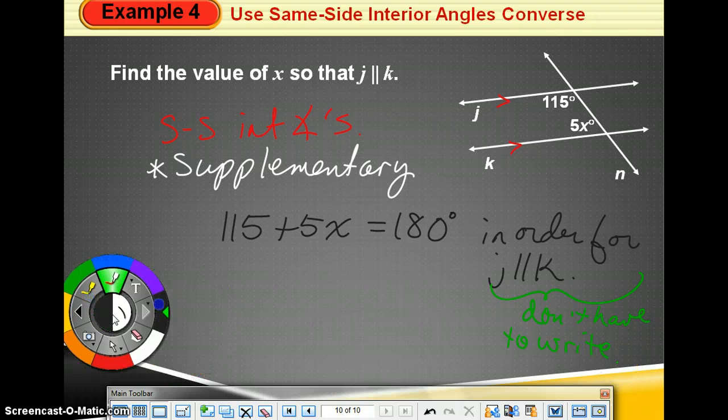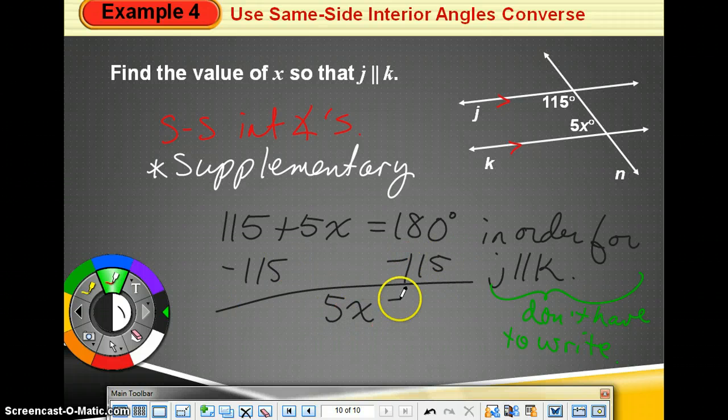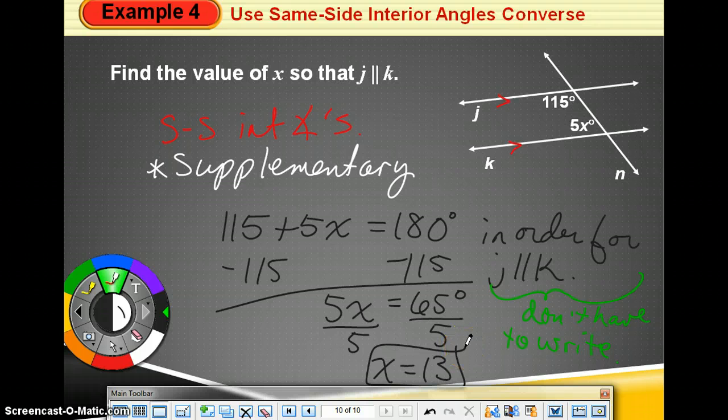So now you can solve. So you would subtract 115, work on our algebra skills here. That's 5x equals, what would that be? 65 degrees. And then divide by 5. So x would be equal to 13.